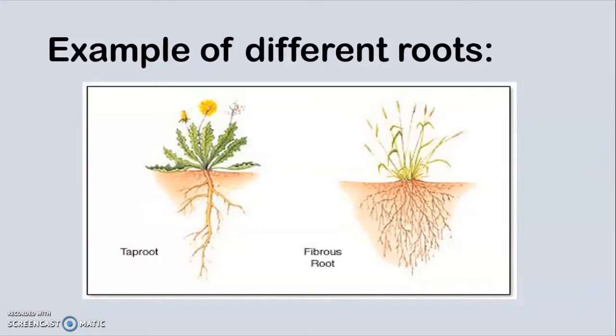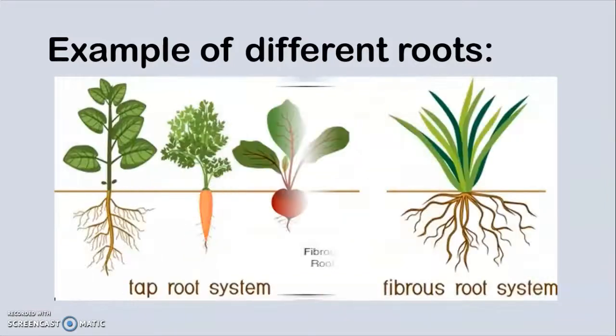Yes. And what about this one? Okay, so different plants, different roots. So we have onions and other plants like carrots. So it's a tap root system. And then the other one is a fibrous root system. So that is the difference.